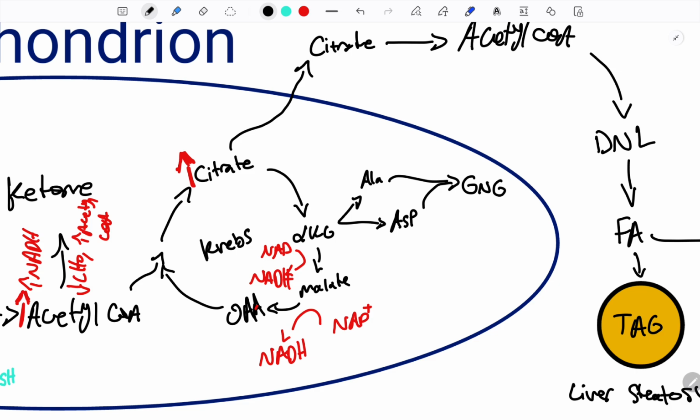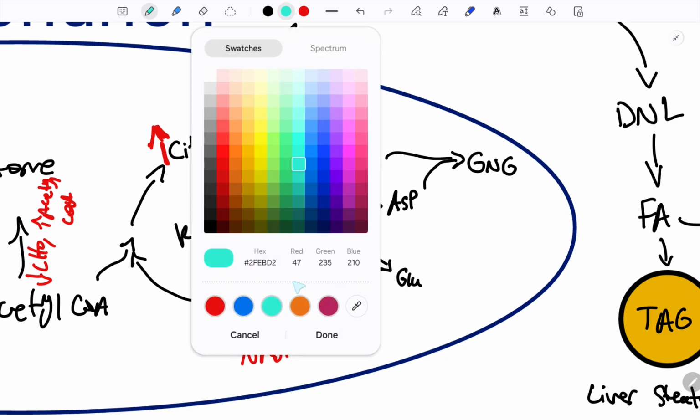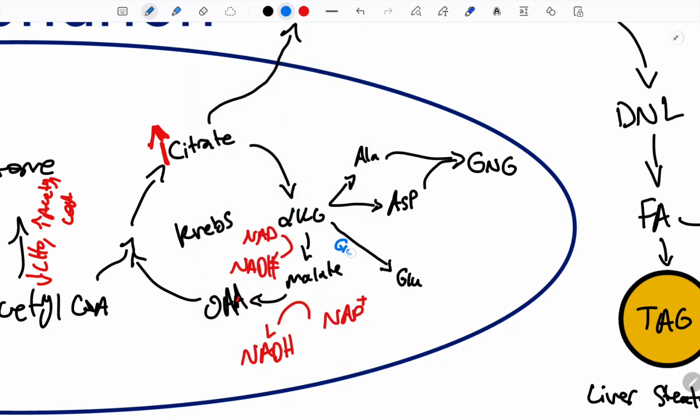Now, why do I say that this has anything to do with hypoglycemia? Well, remember, alpha-ketoglutarate can give us alanine and aspartate, and both of them can give us blood glucose levels through gluconeogenesis. But when you have a high NADH to NAD ratio, you know what happens? There is a reaction that alpha-ketoglutarate goes through, where it can be turned into the amino acid glutamate. And that's driven by a specific enzyme called glutamate dehydrogenase. And guess what?